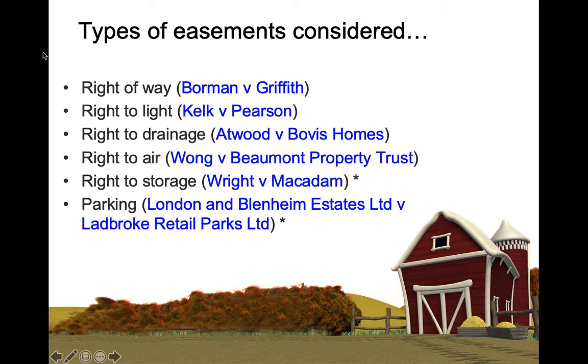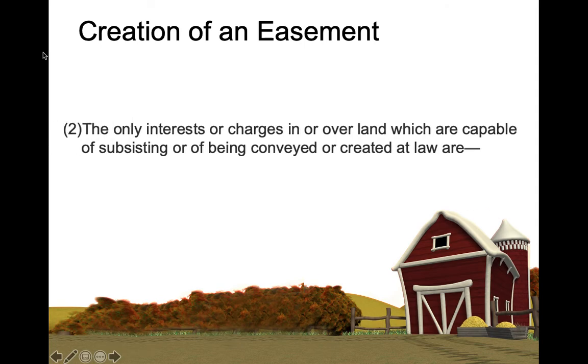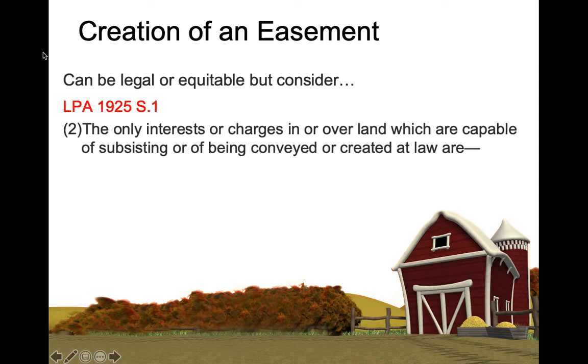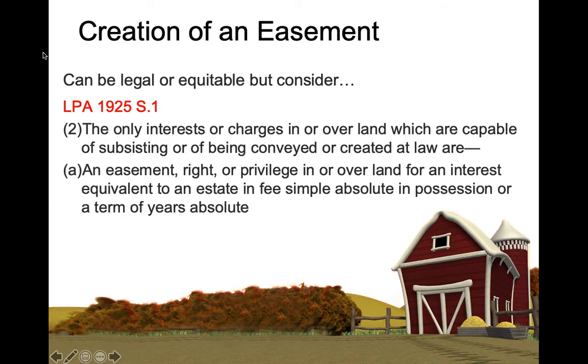So we can move away from essence and think then about how the easement might have been created. We know that an easement could be legal or equitable. However, we've got this proviso in section 1(2)(a) that the easement will only be able to be legal if it looks like a fee simple absolute in possession or a term of years absolute style easement.